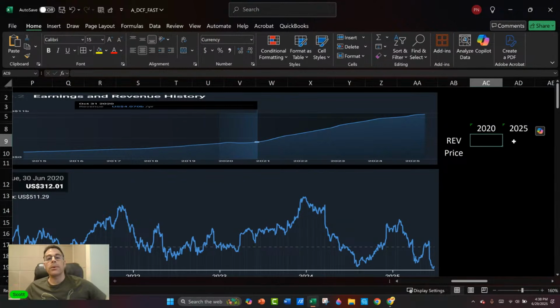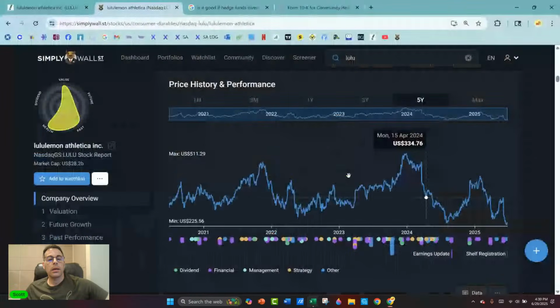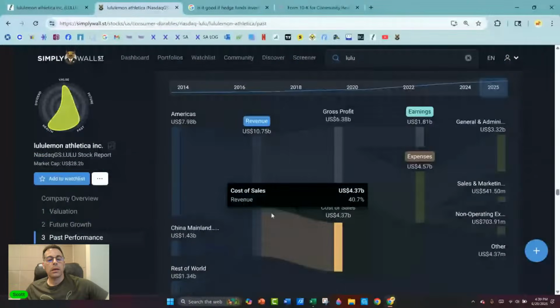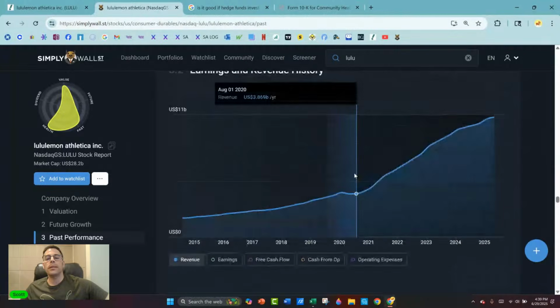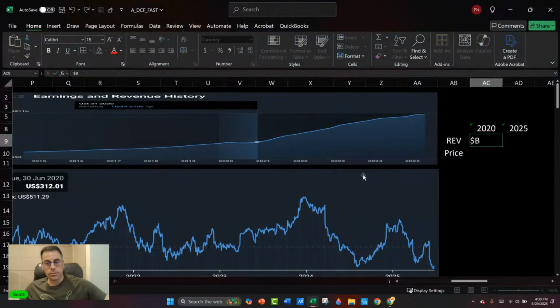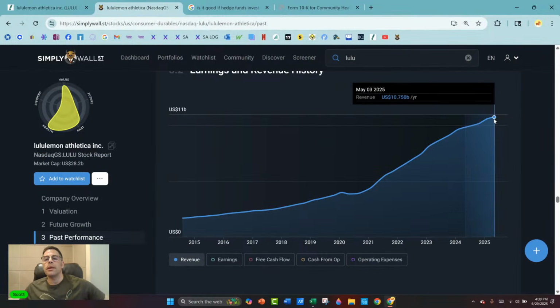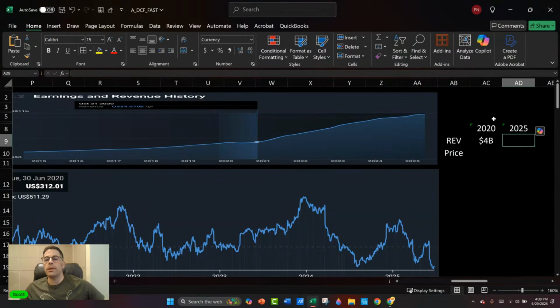So in 2020, revenue was 4 billion. And in 2025, we'll just do 11 billion just to round it.